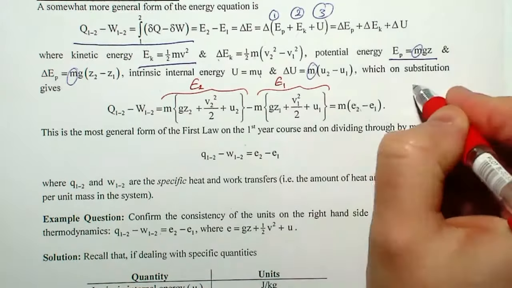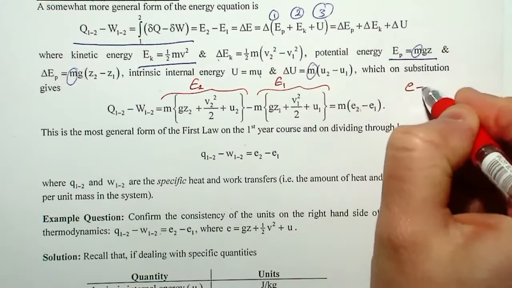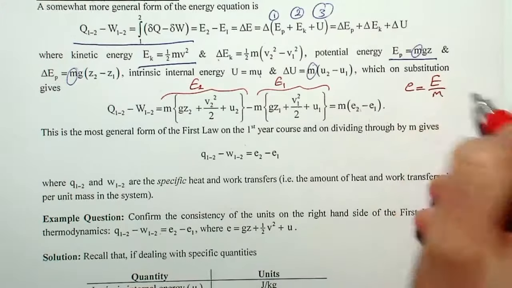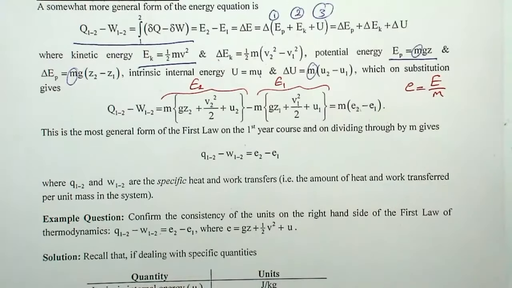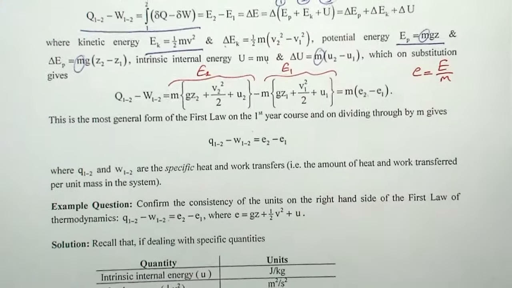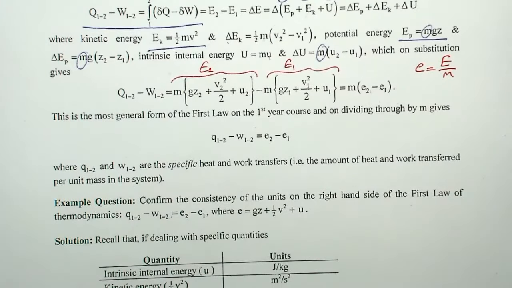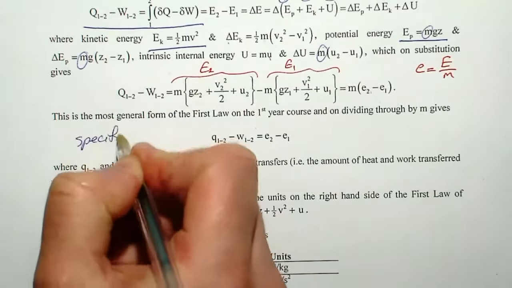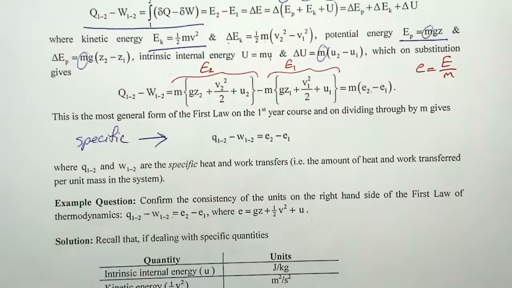So be clear on this: small e is equal to capital E divided by mass. And if you want to express everything in specific values, then this is the simplest way of writing it.